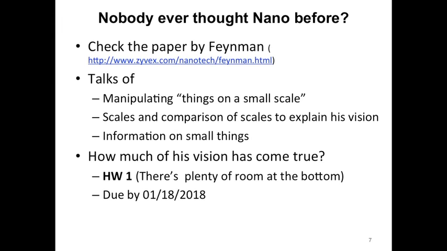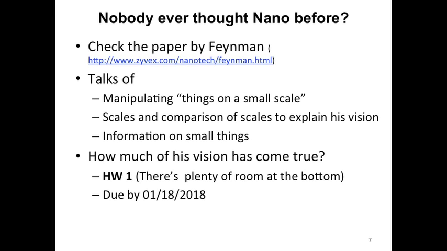You should read the article, because in it he predicted a couple of things, like how we can manipulate nano and micro scale things, species on a small scale, and he also talked about writing on a pinhead and a couple of other things.